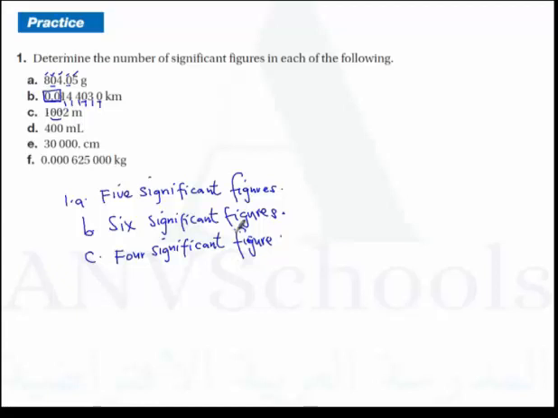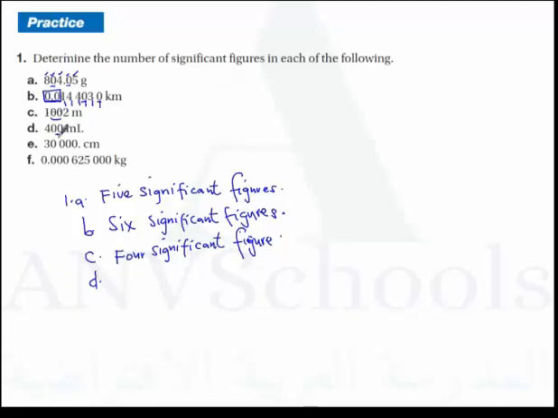Then we have 400 ml. In this case, the zeros may be either significant or insignificant, and we saw that if the number is not measured, then they are insignificant.